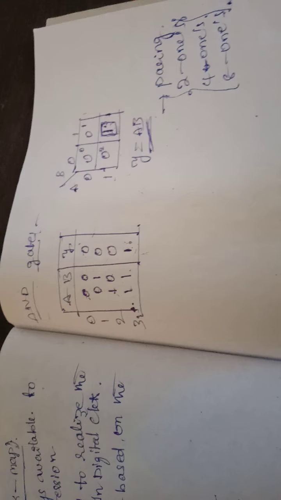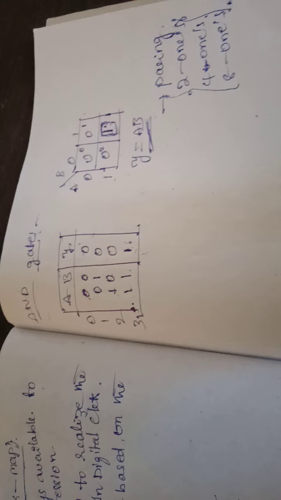Now see, one circuit you have to realize by using two variables. First I'm going to realize the AND gate truth table, in order to find the AND gate equation. We know that the AND gate logic is dot.